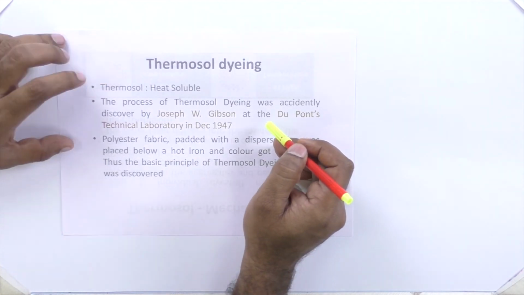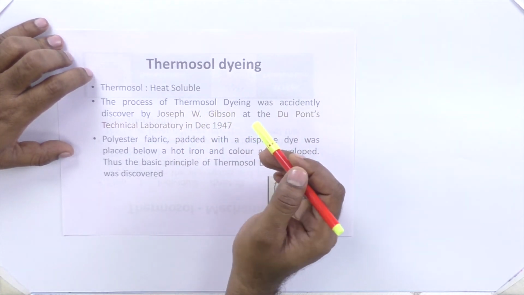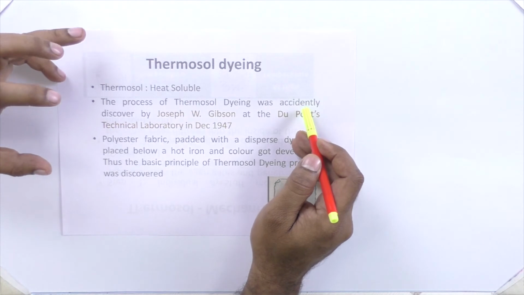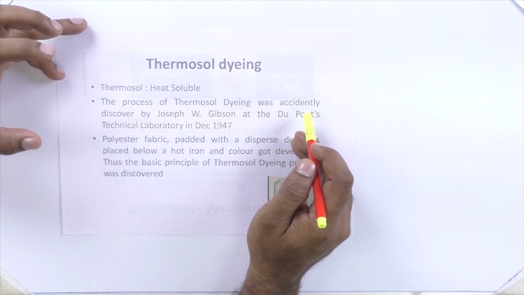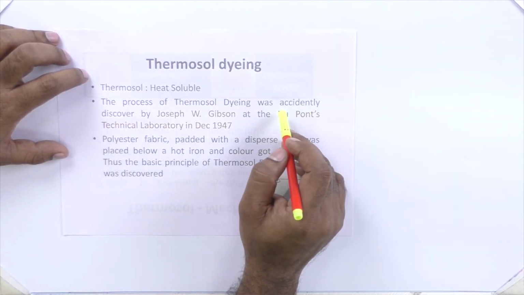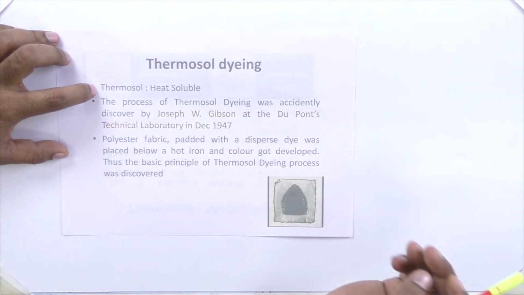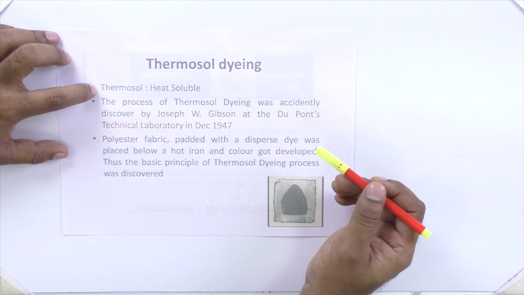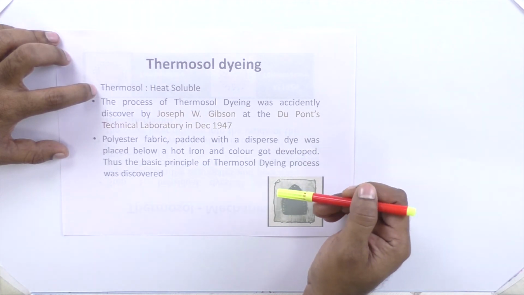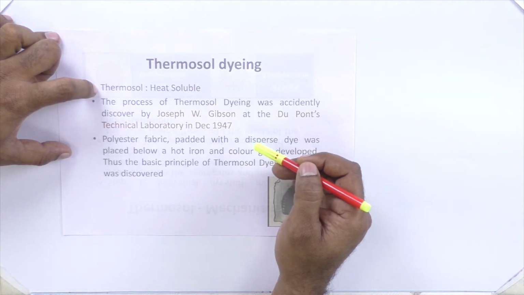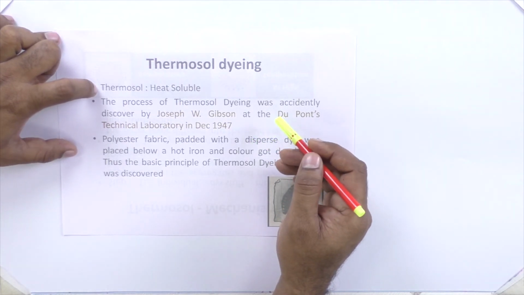Normally, for the second option, they raise the pore size of the fiber by heating or swelling of the fibers. The swelling of polyester fiber will increase the pore size of the fiber, so that the dye can penetrate into the pore, and after penetration the dye gets locked by reducing the pore size by cooling.